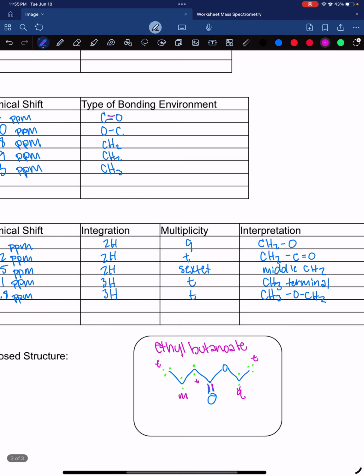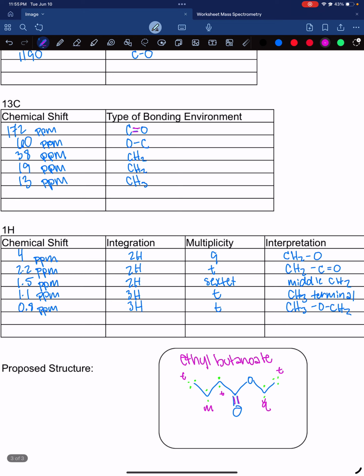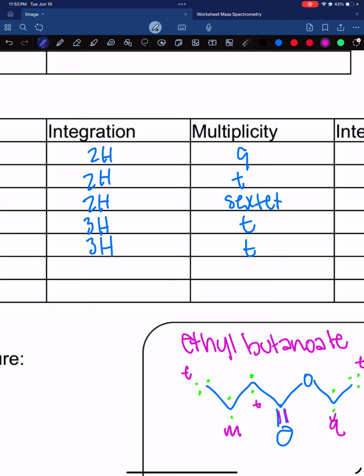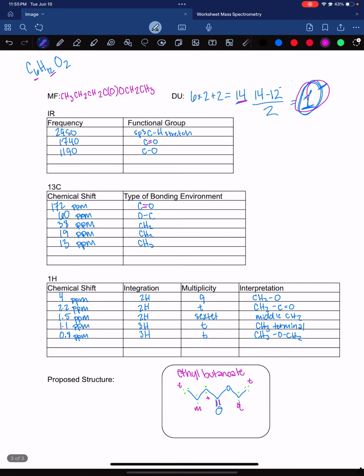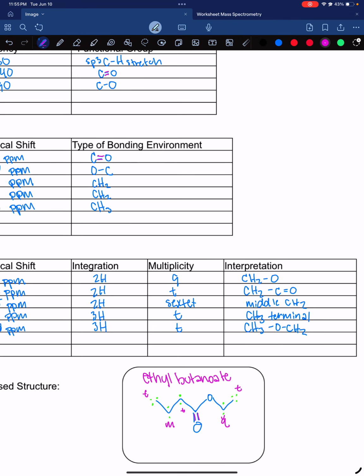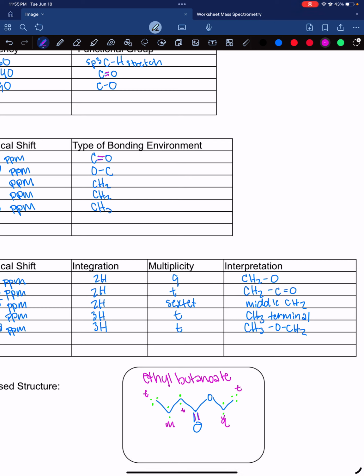So I have confirmed all of my multiplicities. I have ordered them based on the chemical shift. I put the one furthest from my carbonyl and my oxygen, because it has less deshielding, all the way over here. And the other one, I put on the end. CH3s are easier to put on the end because that's all there is.